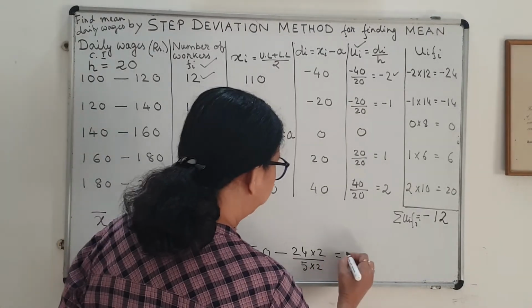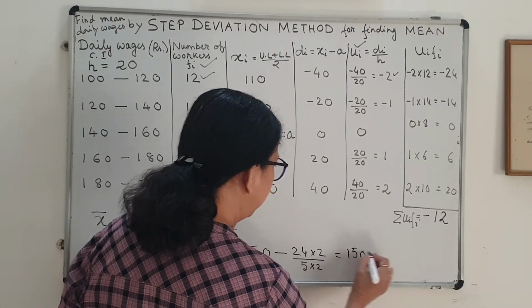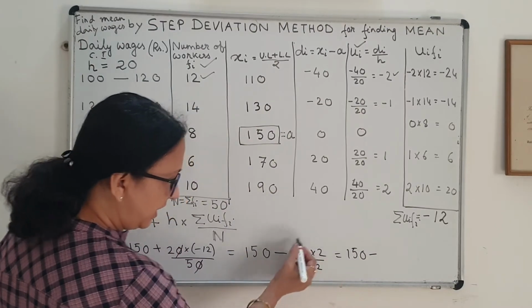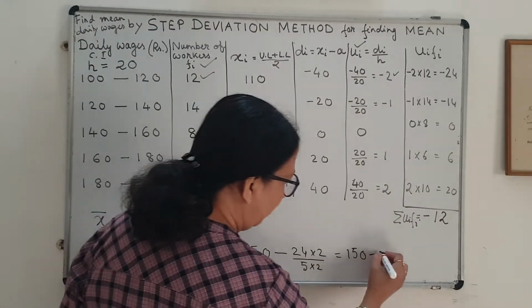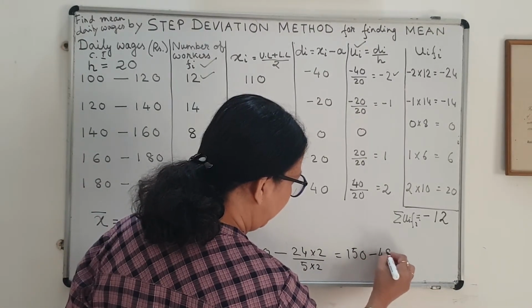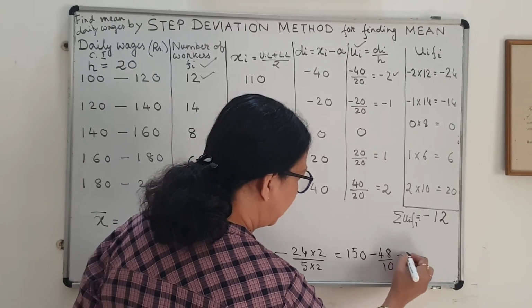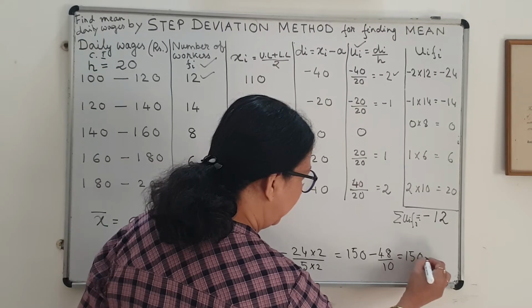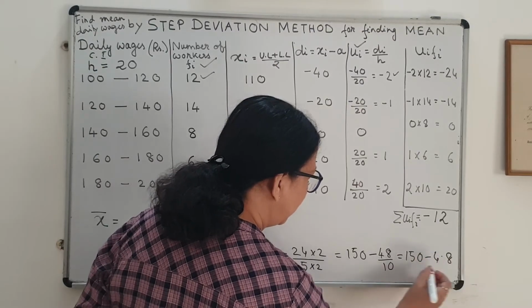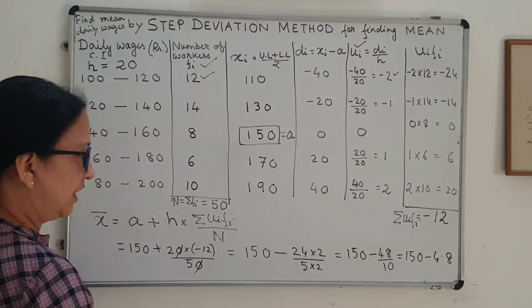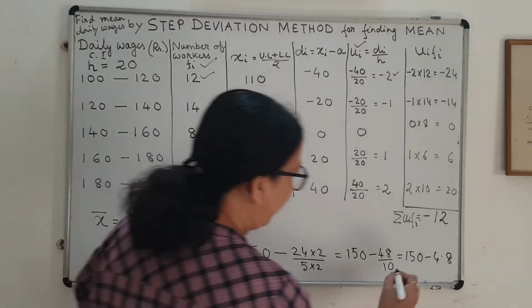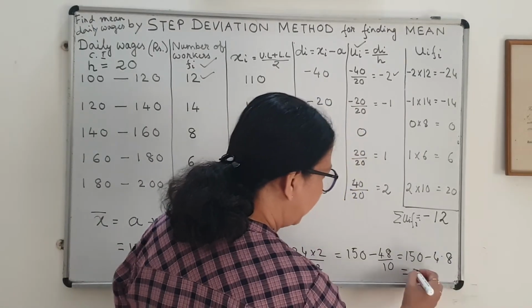So it is your 150 minus 24 into 2 is 48. 48 by 10 will be 4.8. So this is 150 minus 4.8. In this way we can avoid divisions.